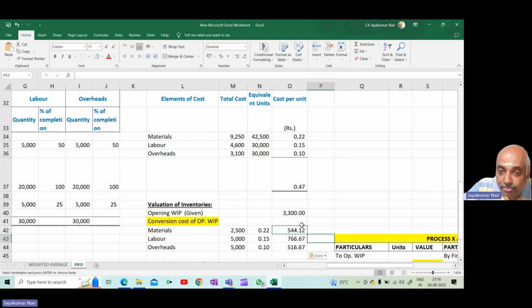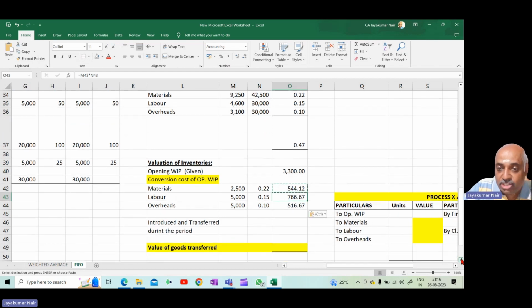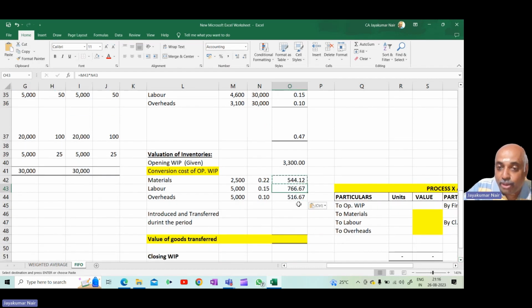So to convert the opening work in progress into finished goods, you have incurred material cost 544.12, labor 766.67, and overheads 516.67. So this has been converted.